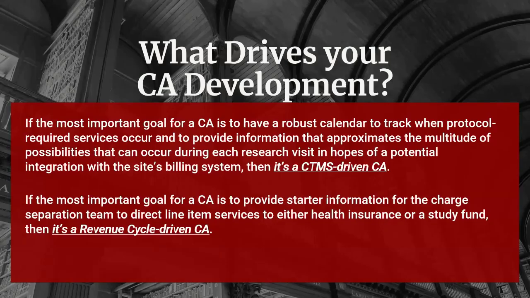Most CTMSs are very similar in this way. There are lots of different functions and variability between the many systems out there, but a classic function of a CTMS is to have a calendar that replicates the schedule of events.